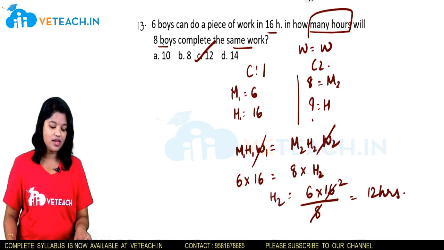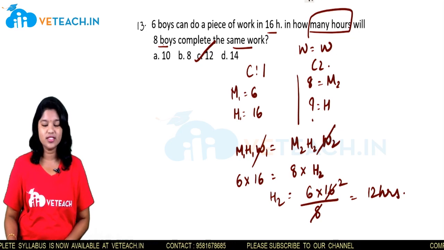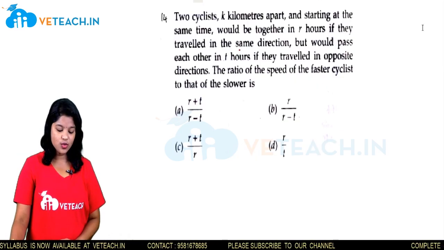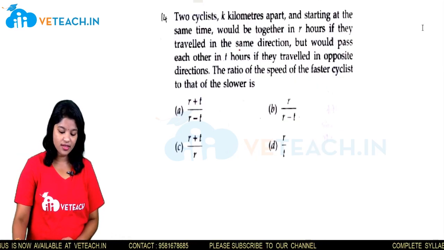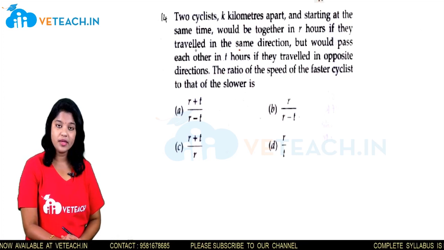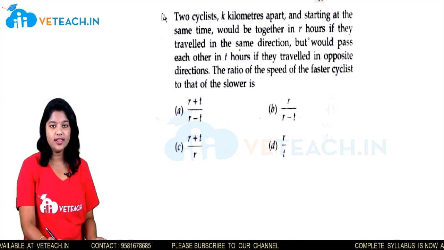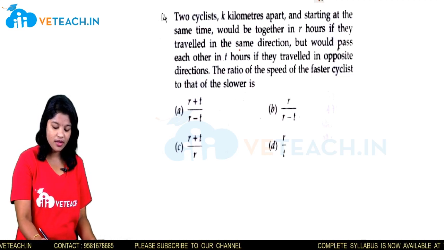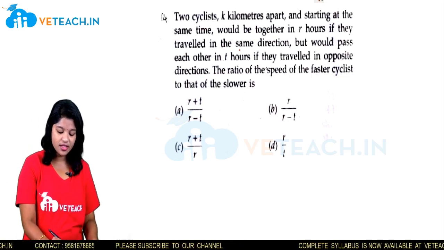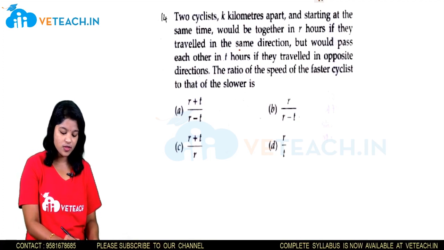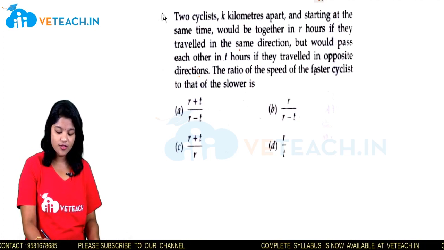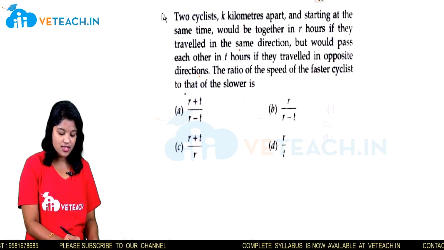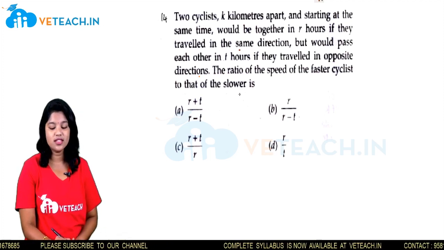As the work done by 6 boys in 16 hours. See the next question. Two cyclists k meters apart and starting at the same time would be together in r hours if they traveled in the same direction, but would pass each other in t hours if they traveled in opposite directions. The ratio of speeds of the fastest cyclist to the slowest cyclist is.